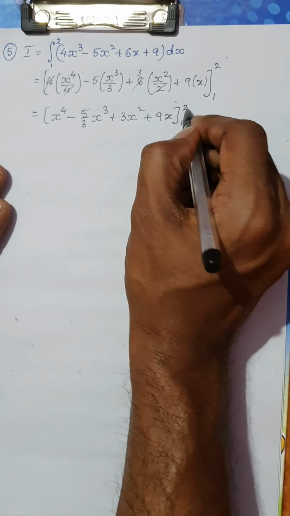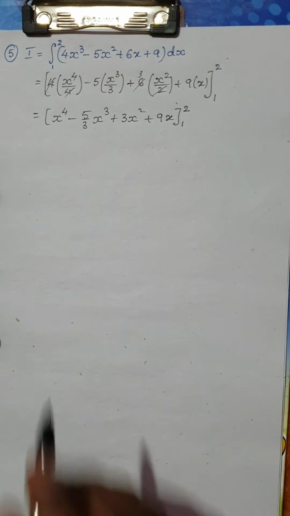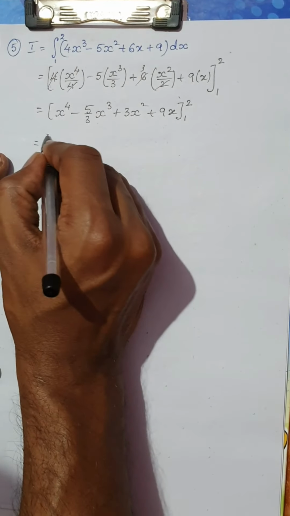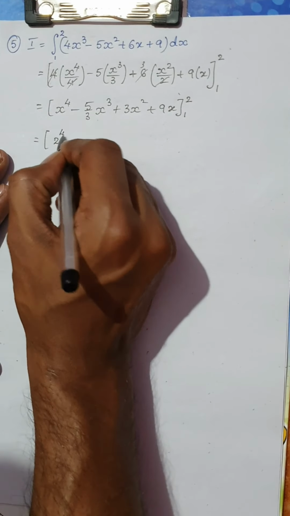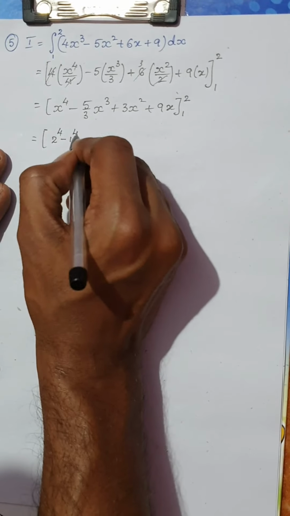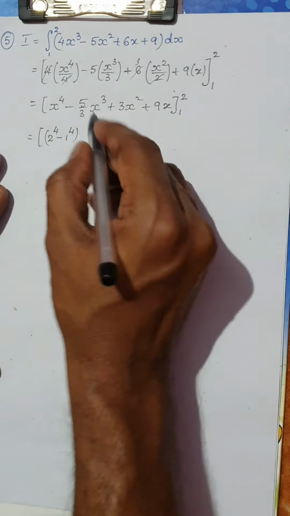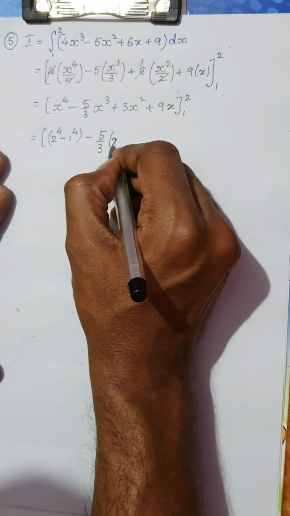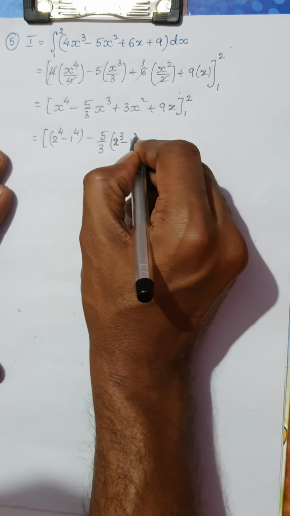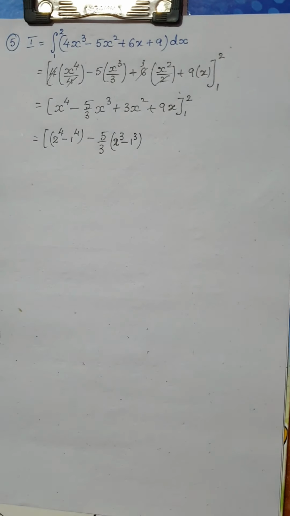This is integrated within the limits 1 to 2. So this is nothing but, let me apply the limits. If you apply the upper limit it would be 2 power 4, minus the lower limit, 1 power 4, right, minus 5 by 3 into, similarly, this would be 2 cube minus 1 cube. So upper limit minus lower limit.